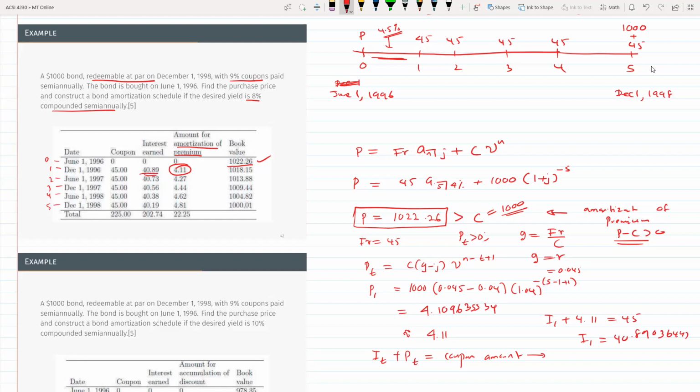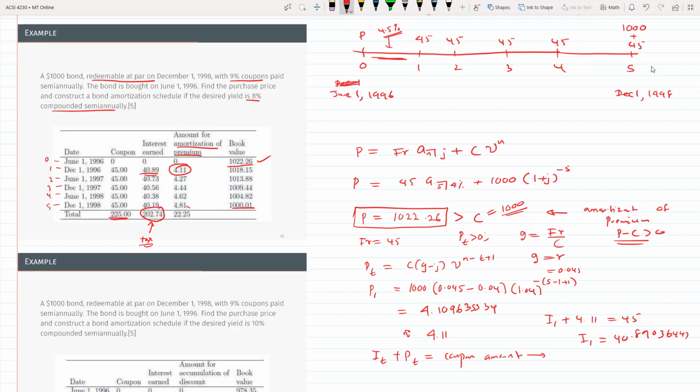So you can continue this calculation, and then at the end you can see the book value becomes 1000, and then total interest earned would be 202. It is different from the total coupon payment. So then the tax should be on this amount, okay?